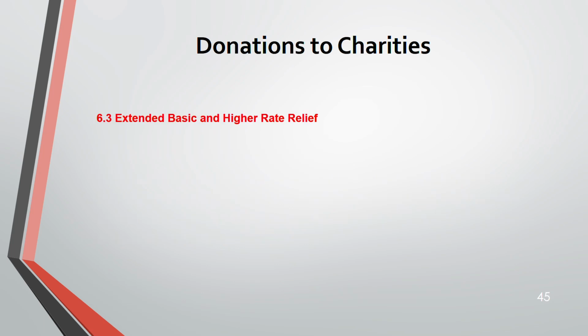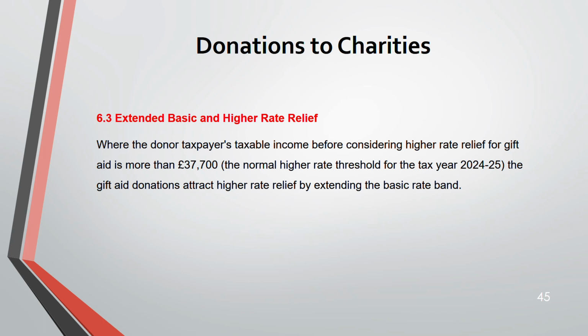Now, extended basic and higher rate relief. Most of the time you have to work on this. You'll be given a question where you have to extend your basic and higher rate bands. Let's say you have a taxable income more than 37,700, which falls in the higher rate.